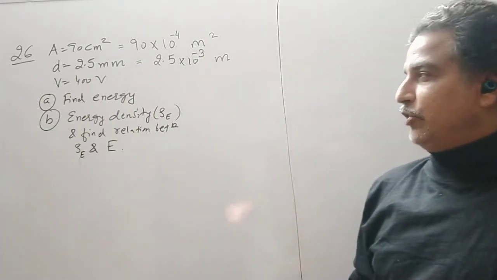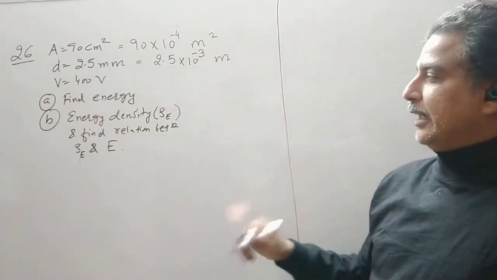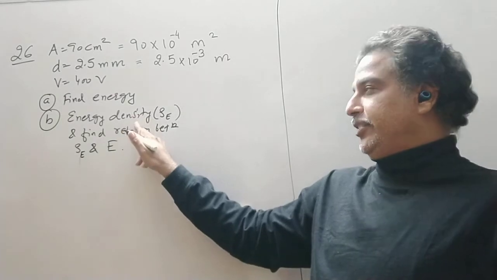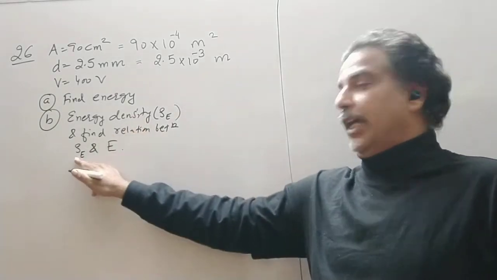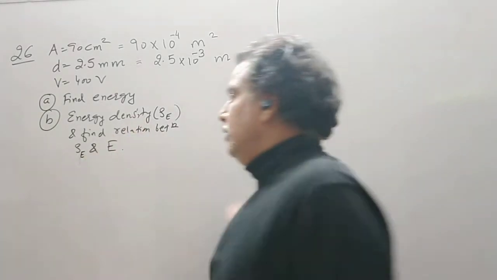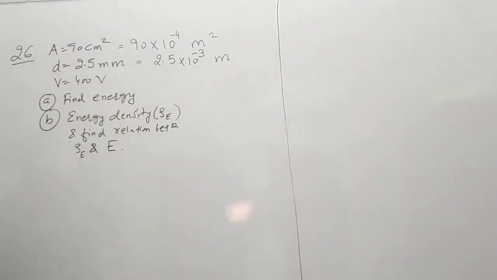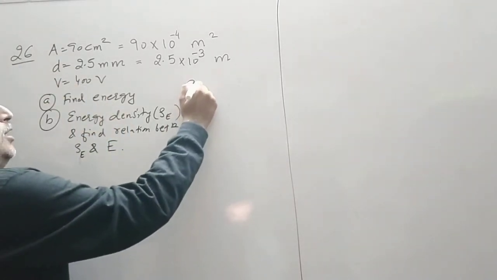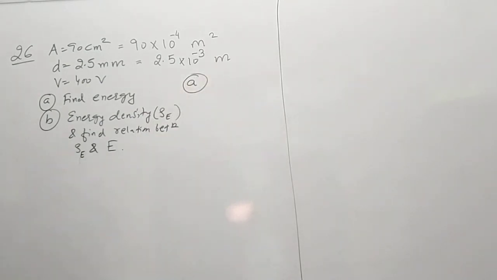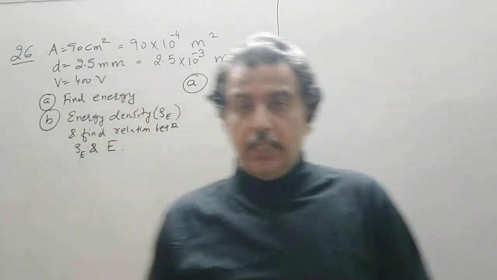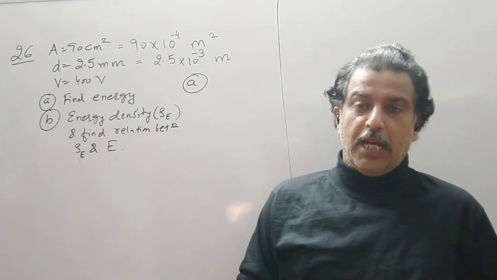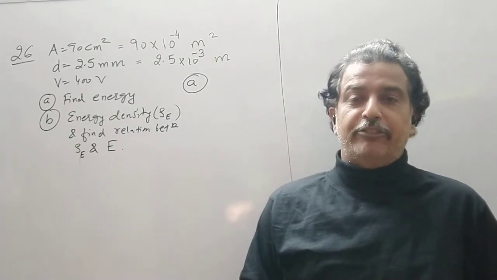The first part is find the energy, and the second part is find the energy density and find the relation between energy density and E. So let us first find out the energy stored in the capacitor. The energy stored in a capacitor has 3 formulas: half CV square, half Q square by C, and half QV.